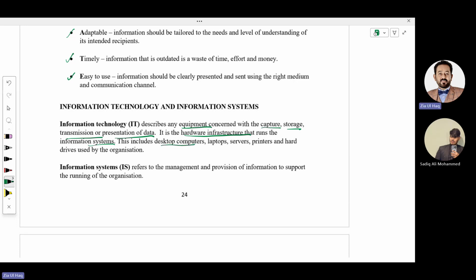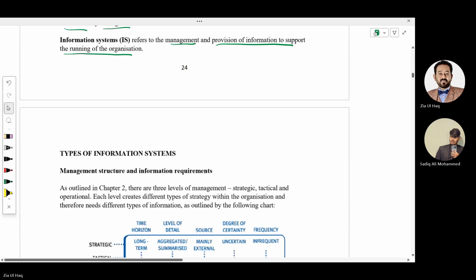This includes desktop computers, laptops, servers, printers, and hard drives used by the organization, meaning all the hardware. What is IS? It refers to the management, meaning people, and provision of information to support the running of the organization, a combination of hardware, software, and people to receive, process, store, and retrieve data and information.